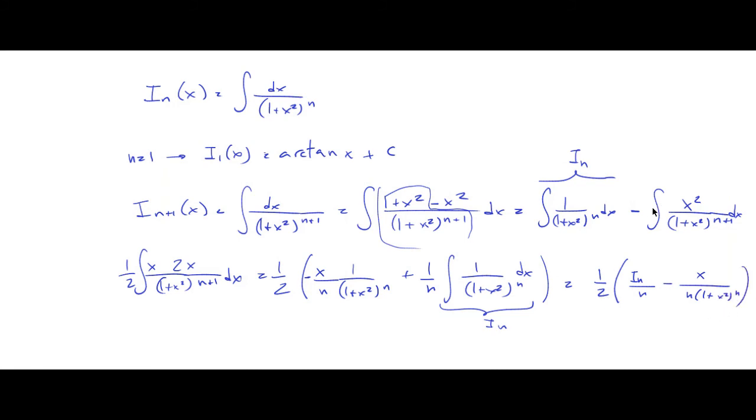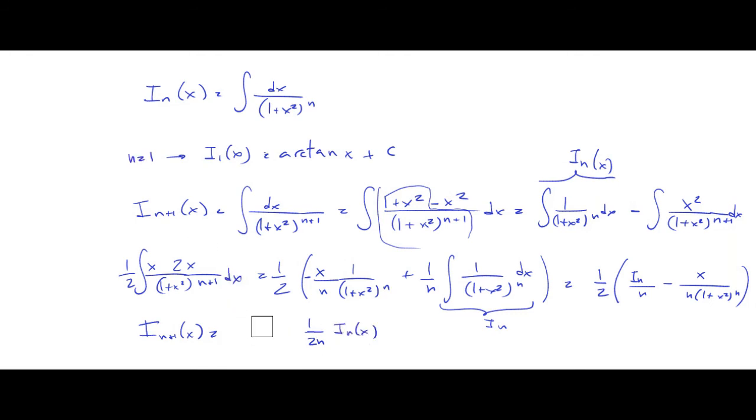Right, now we can find this together. So we have that I_{n+1}(x) is I_n(x), and then minus 1/2 of I_n over n, so minus 1 over 2n I_n(x). So let me rewrite this.